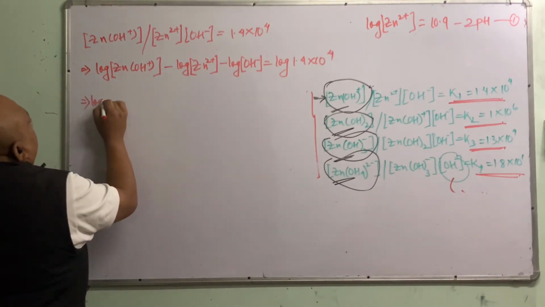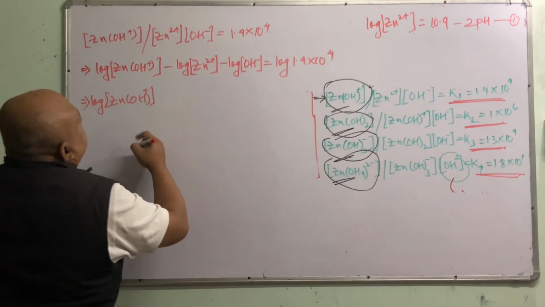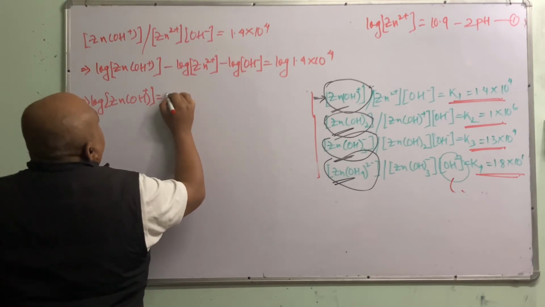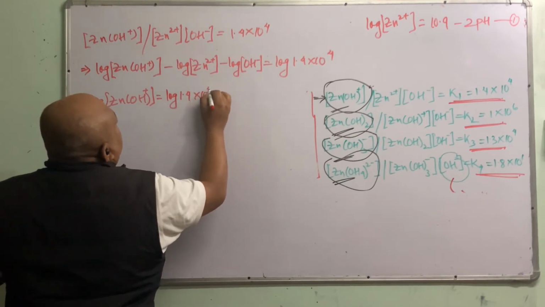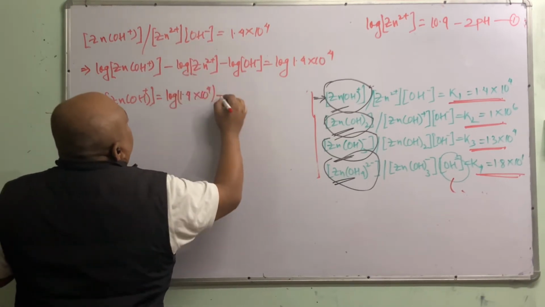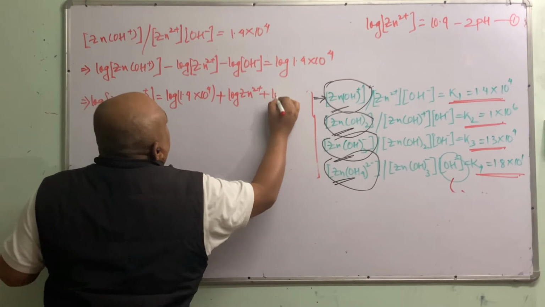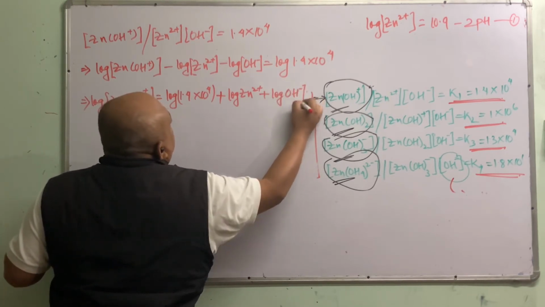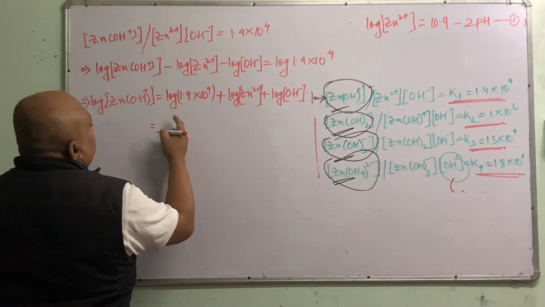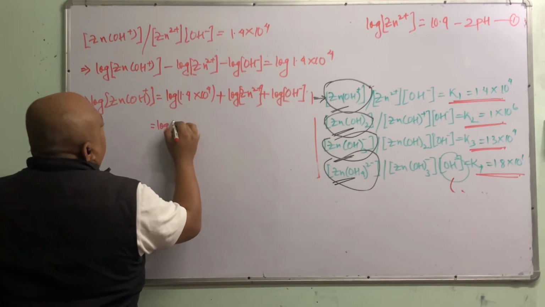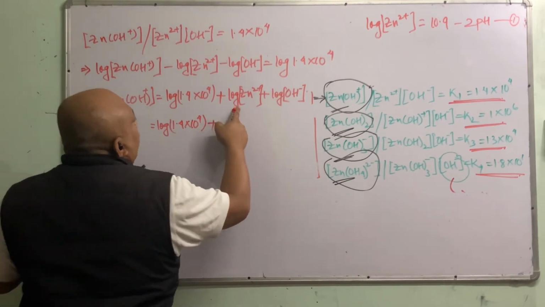That implies log of ZnOH+ is equal to log of 1.4 into 10 to the power 4 plus log of Zn2+ plus log of OH-. Okay, so that is log of 1.4 into 10 to the power 4 plus, what is log of Zn2+?